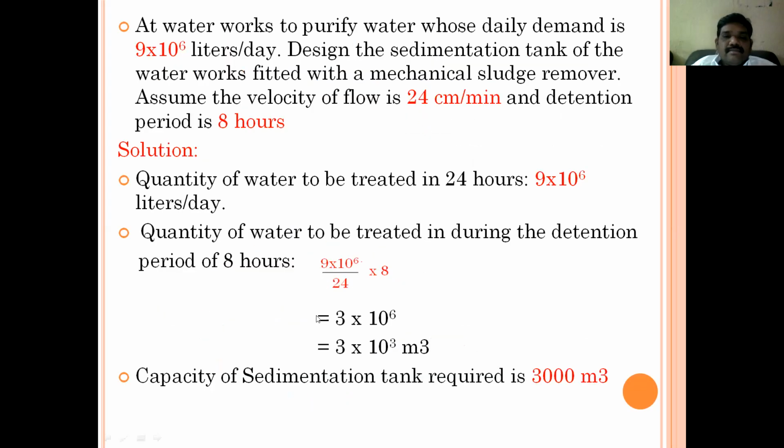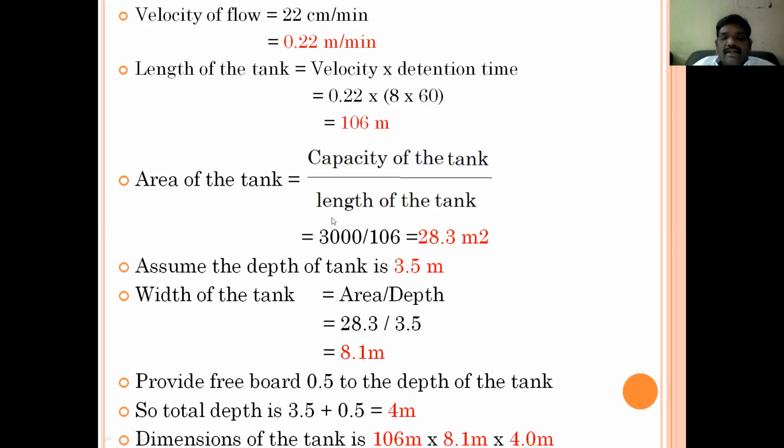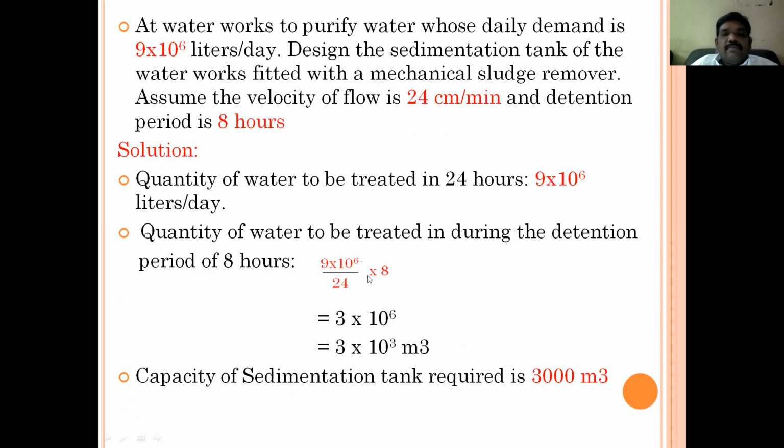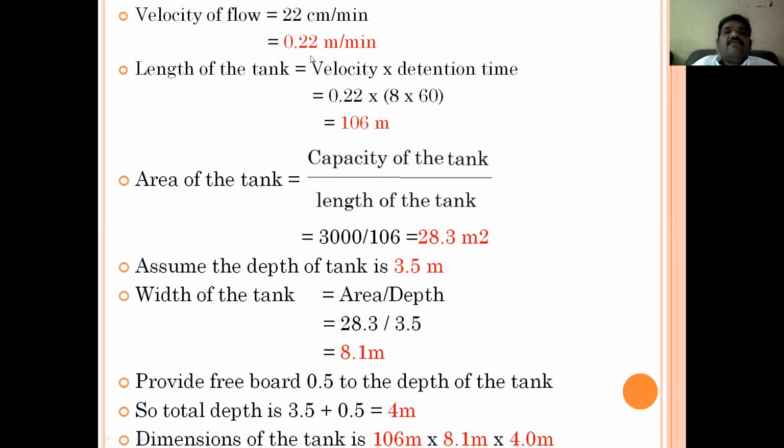We can treat the water during the detention period of 8 hours, and the demand is normally 9 into 10 power 6 liters per day. That means 24 hours, and here the detention period is 8 hours. So by 24 hours into 8 hours, we got the capacity 3000 cubic meters.